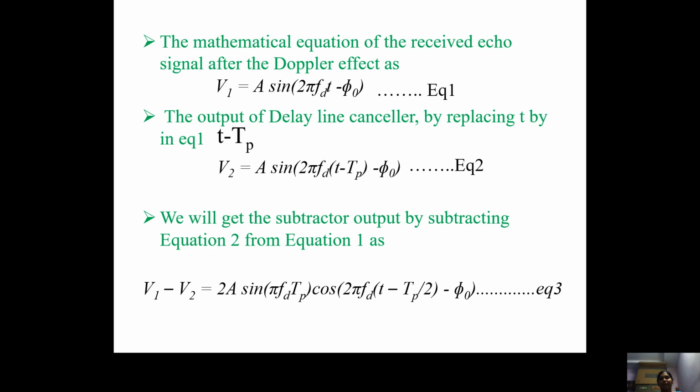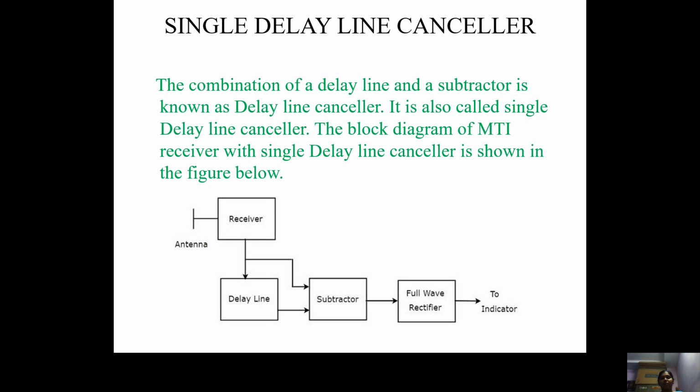As we know from the mathematical expression for sin A minus sin B, this can be written as 2A sin(pi fd TP) cos 2 pi (fd (t minus TP/2) minus f0). This is the output of the subtractor, obtained by taking the difference of the received echo signal and the single delay line output.